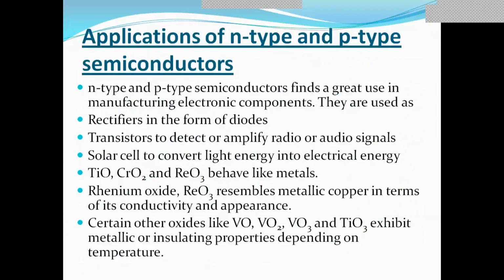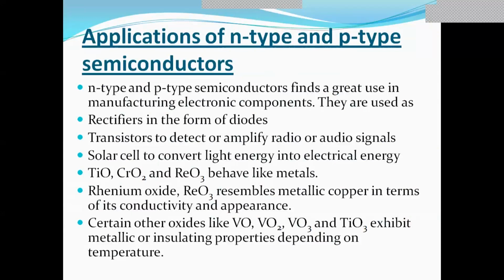Then the conclusion of the topic, applications of n-type and p-type semiconductors. N-type and p-type semiconductors are very helpful in manufacturing a wide variety of electronic appliances. These are also used as rectifiers in the form of diodes.